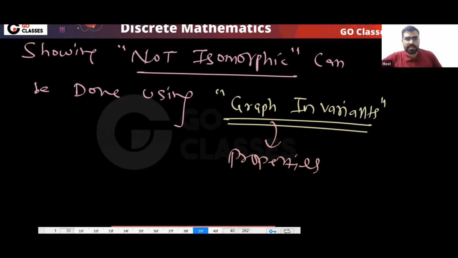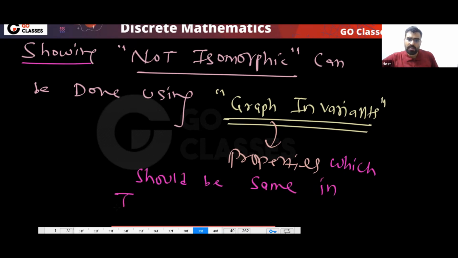Showing that two graphs are not isomorphic can be done using graph invariants. These are properties which must be the same in isomorphic graphs.